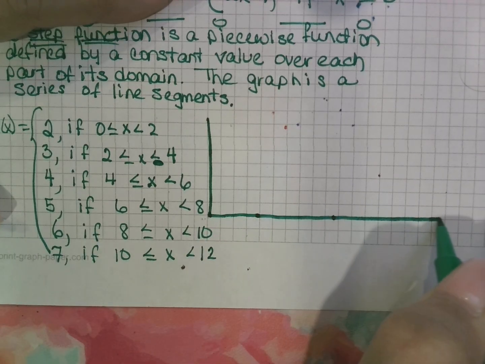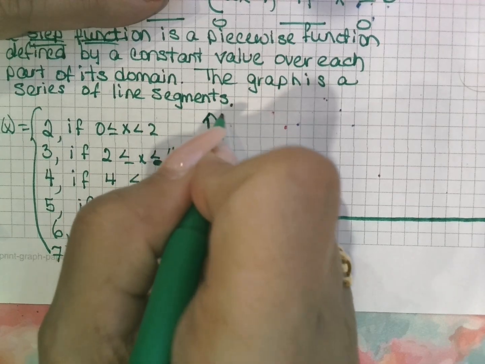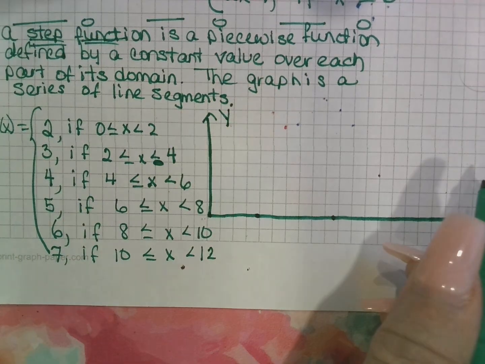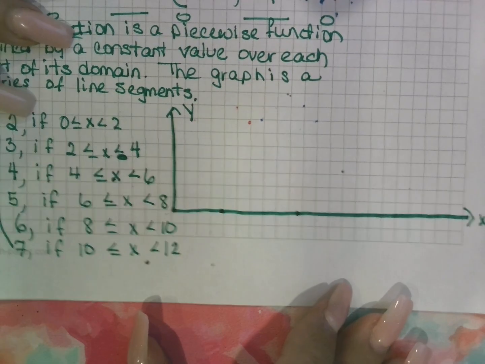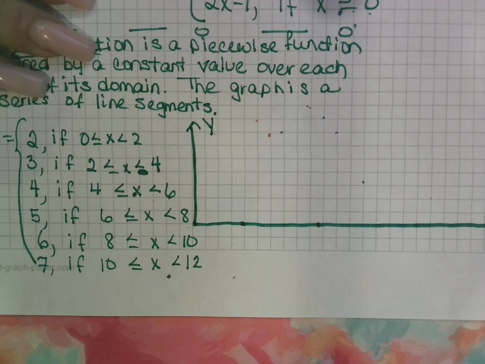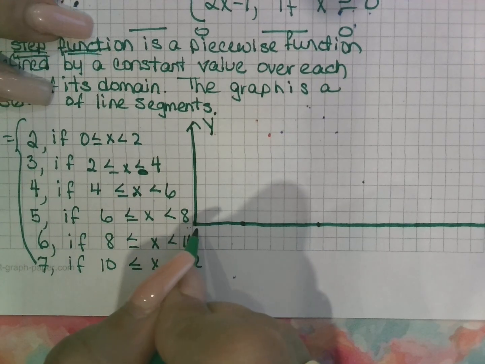So I'm just doing the first quadrant because everything here is positive. So this is y, and over here we have x. Okay, and let's begin with the first one. And so here are our x values down here.